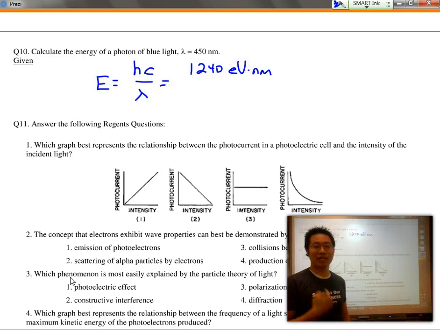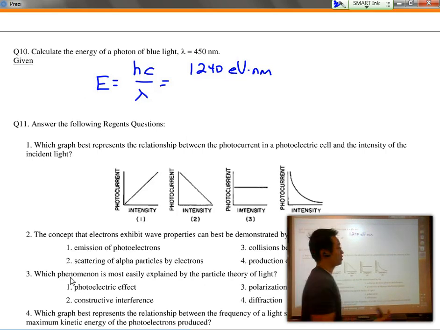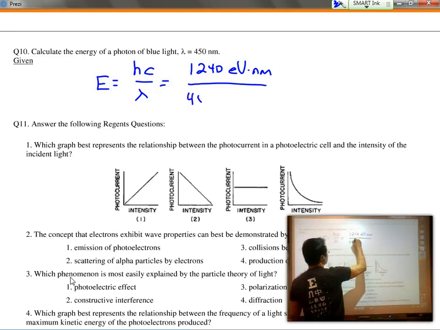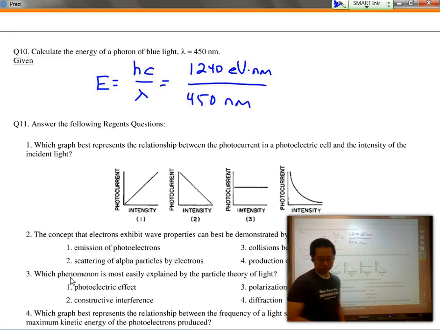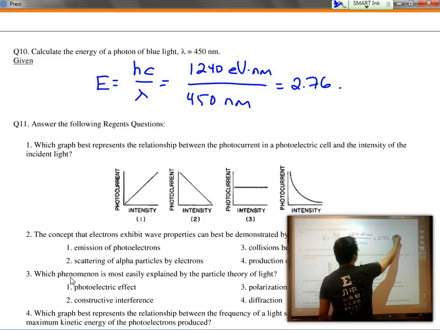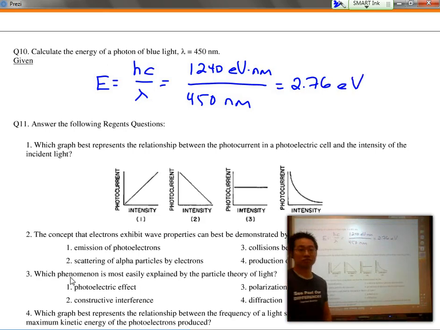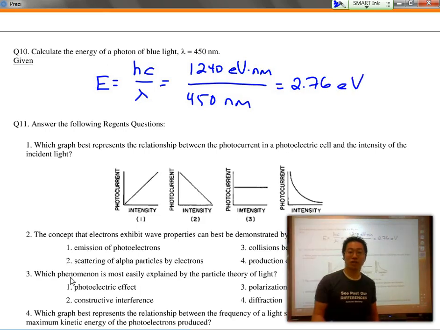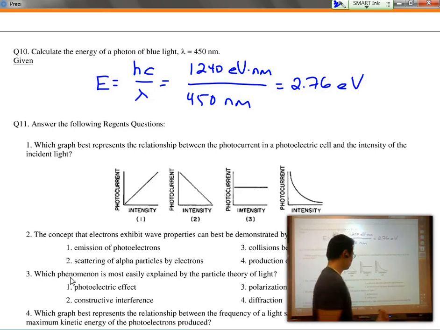Notice my constant is given to us in nanometers already, divided by 450 nanometers, which equals 2.76 electron volts.